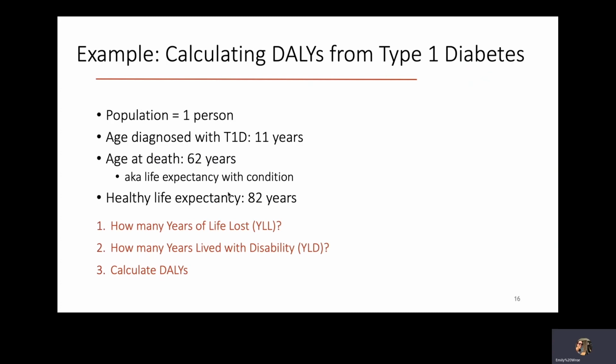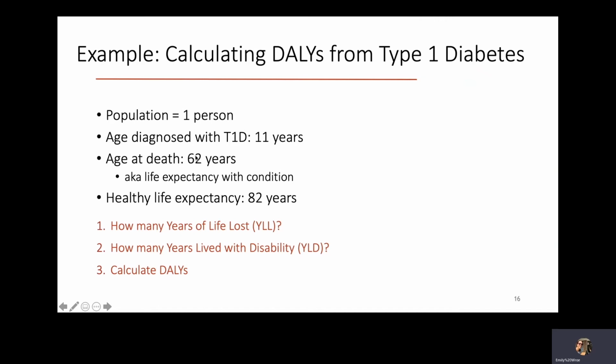If we have a person with type 1 diabetes, we would say, okay, we have one person diagnosed at age 11 and died at 62 with a healthy life expectancy of 82. So years of life lost here are 20, right? This person died 20 years early. And this person had years of disability of 62 minus 11, so 51.